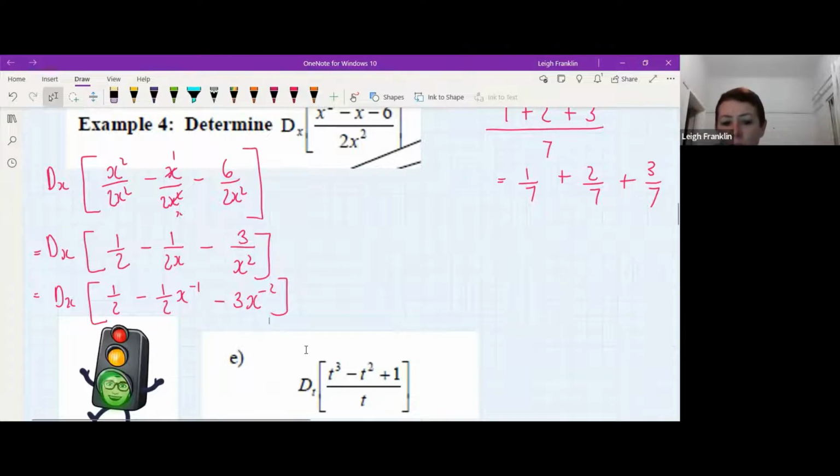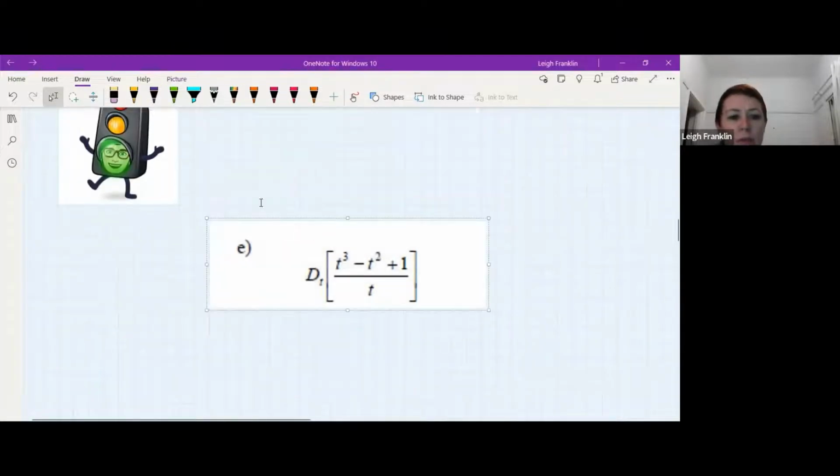Now I am ready to differentiate. Getting rid of divide lines means for the variables. You can still have a fraction with a divide line in it as a coefficient, but you can't have a variable in the denominator.